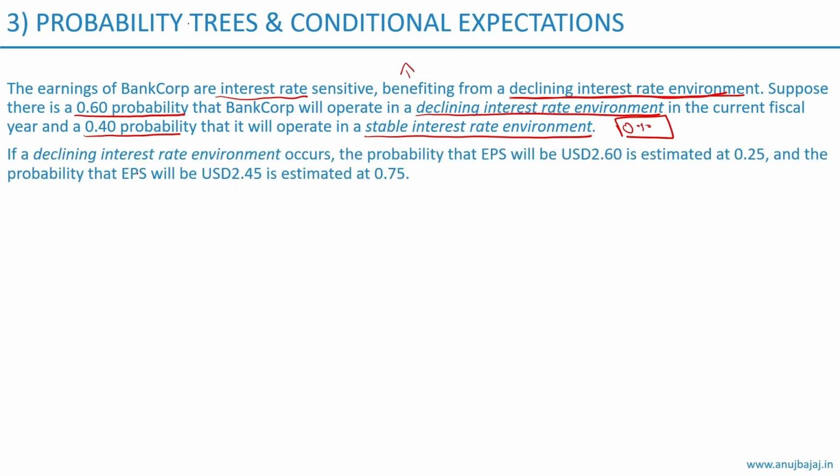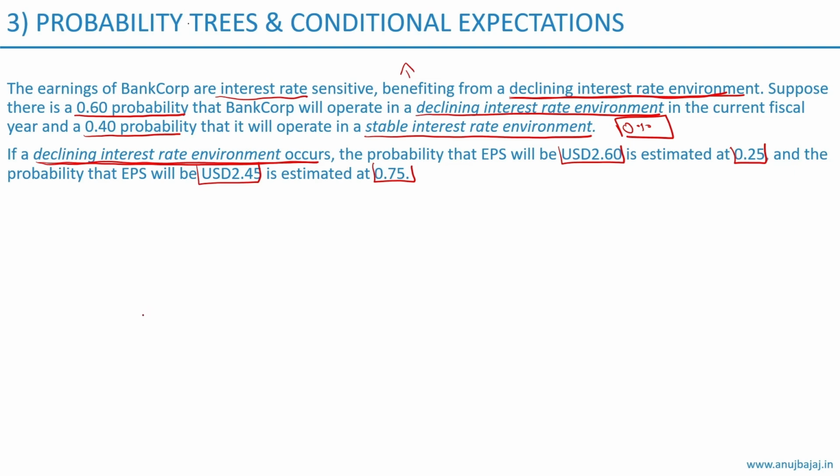If a declining interest rate environment occurs, the probability that the earnings per share will be 2.60 is estimated to be 25%. And if a declining interest rate environment occurs, the probability that EPS will be $2.45 is estimated to be 75%.